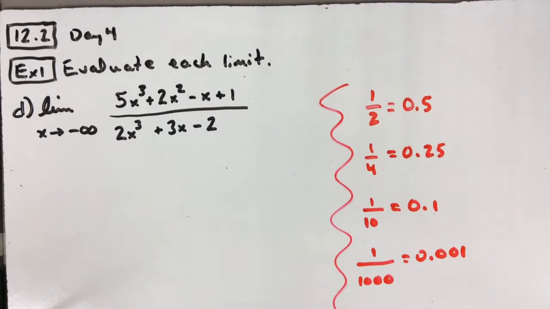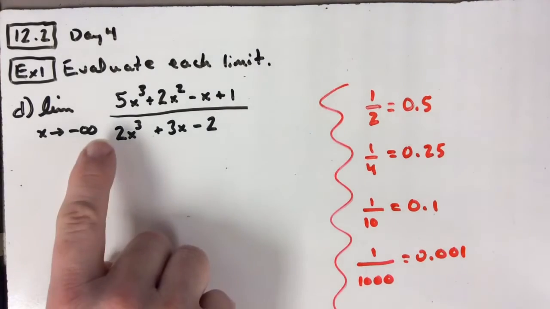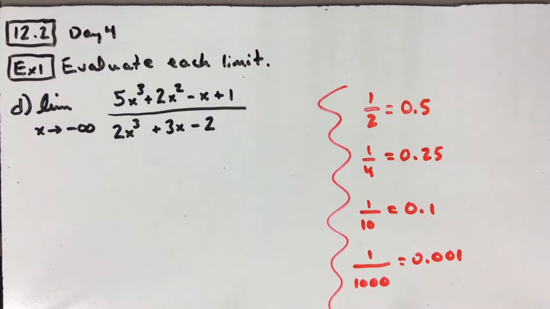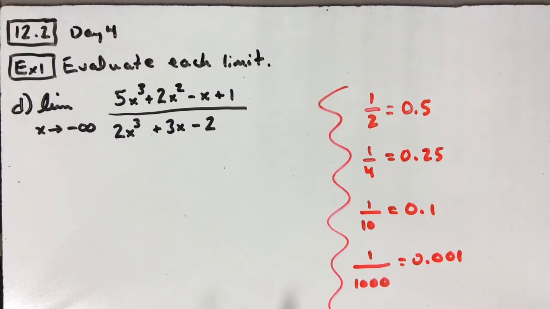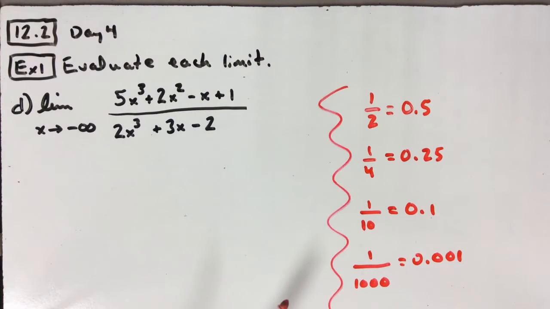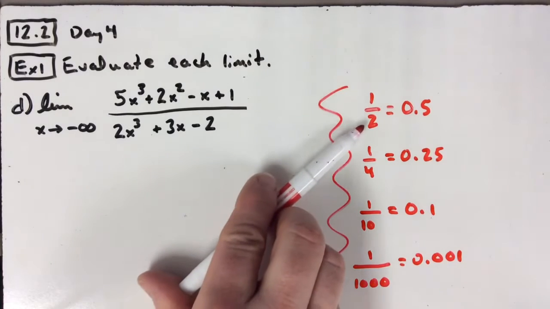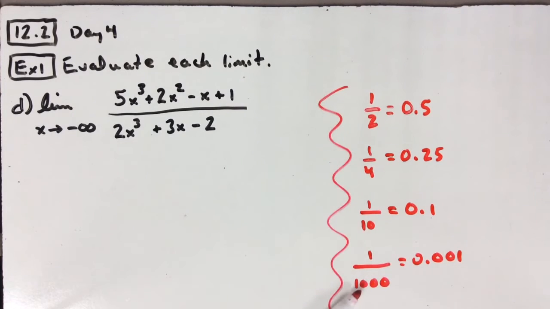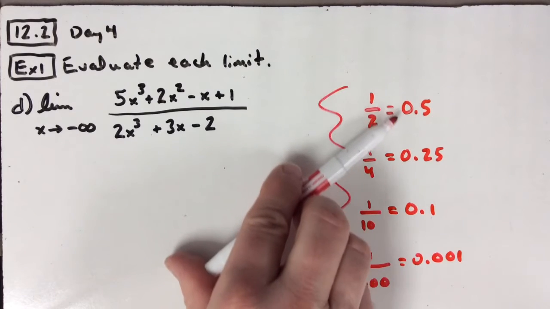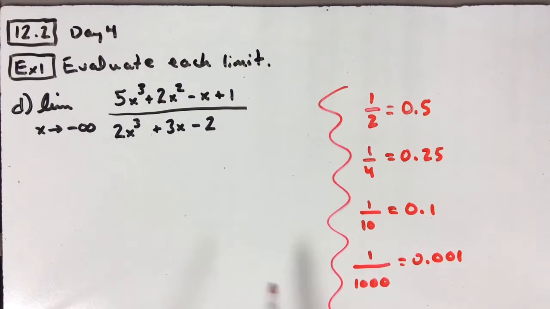So here's what I want you to understand from a math theory standpoint so that we can use this idea to do this limit. If you were to take a look at these four fractions that we have over here in red, the top stays the same the whole time, but what I want you to notice is as the bottom number gets bigger and bigger and bigger, the decimals keep getting smaller and smaller and smaller.